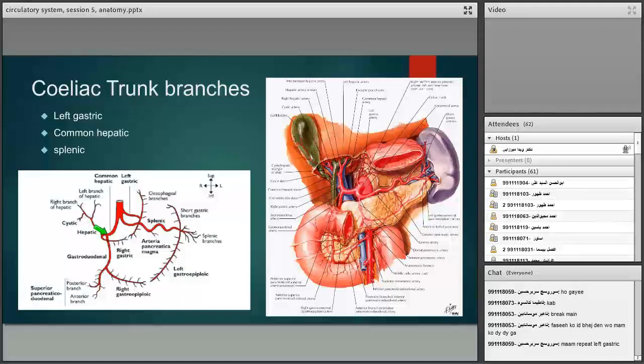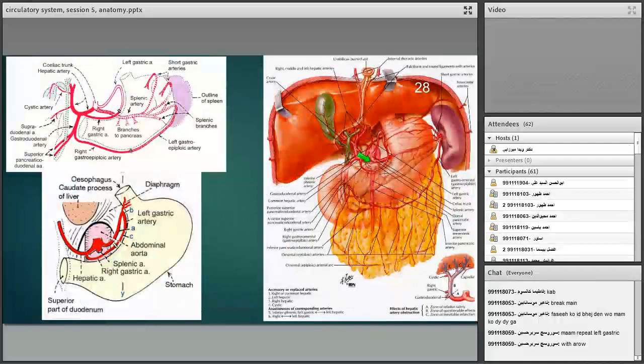Left gastric, I said, is going to the left side and supplying the blood for the small curvature of the stomach. Okay, look at here, this is the left gastric and sending branch to this part, the small curvature of the stomach.